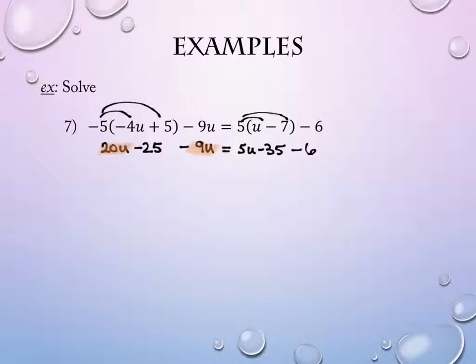All right, so what is 20u and -9u? 11u, and I still have my minus 25. What can be combined on the right-hand side? -35 and -6. So what is -35 and then minus 6? -41. You guys are doing great.